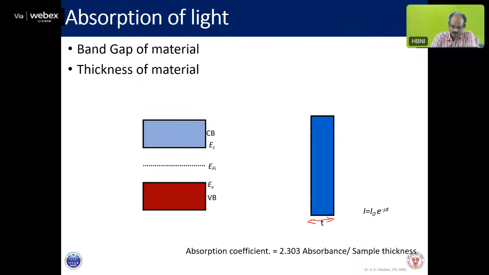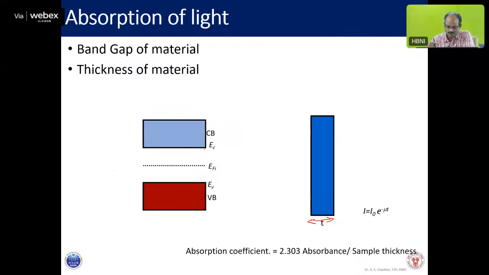So suppose the band gap is this much, EC minus EV. Light having energy less than this band gap will totally be transmitted. It will not be absorbed at all. But if the energy is more than this, then it will be absorbed.